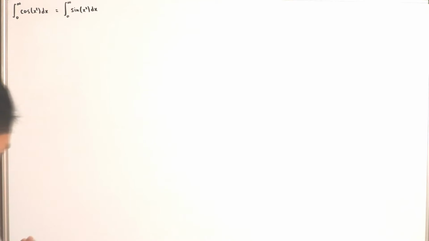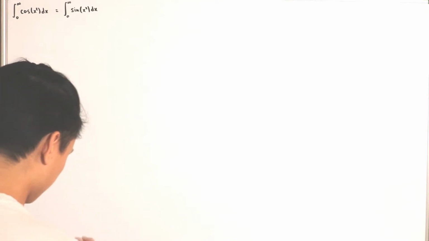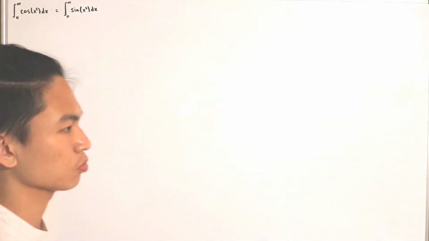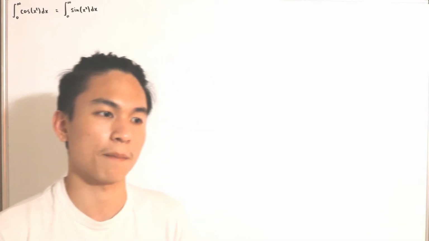Now, before we get into the meat of this video, I actually want to prove a tool that we're going to be using. If you recall from several videos, I've used the Gaussian integral.